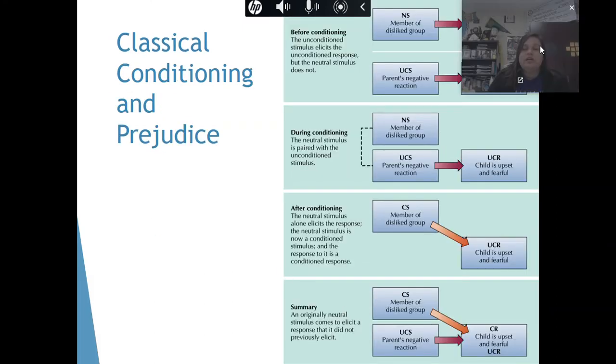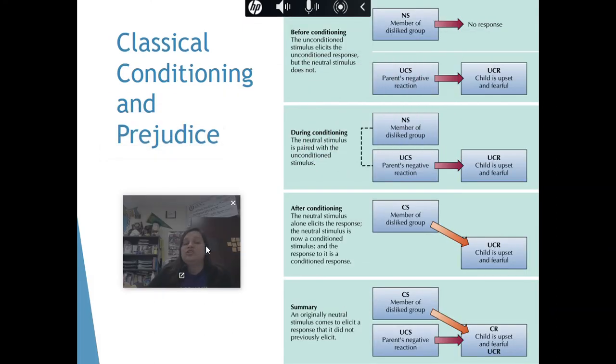All right, so here is how a person may learn prejudice through classical conditioning. So let's use an example. I don't want to use a real example, so I'm going to use triangle people and circle people. So let's say that triangle people are a disliked group or a member of a disliked group. So triangle people here, when a child sees a triangle person, initially they have no response.